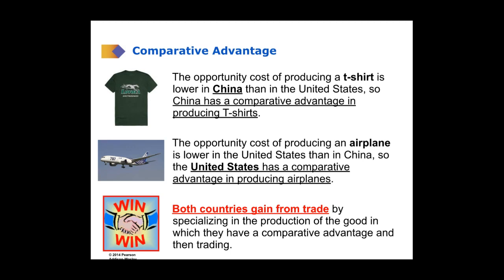In a similar way, the opportunity cost of producing an airplane like a Boeing 787 is lower in the United States. So the U.S. has a comparative advantage in producing airplanes. Now, if both countries were to specialize and produce the things that they had a comparative advantage in, and then they traded, well, then both countries would be better off. Trade would be mutually beneficial to both countries.